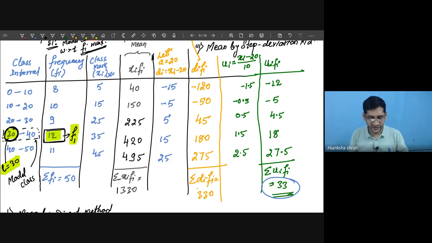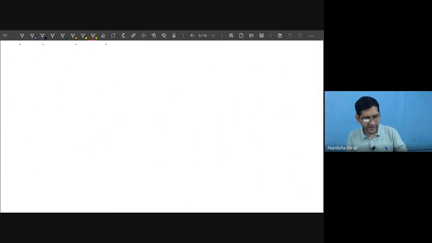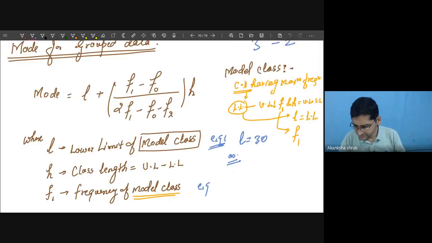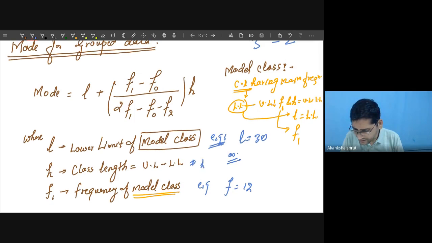Get it? So this F1 we can write here as our 12, and here h we can write as 10. The interval that we have taken for this example is 10.